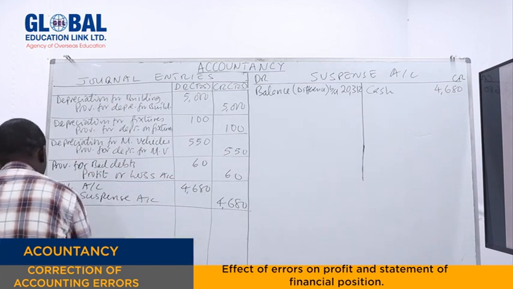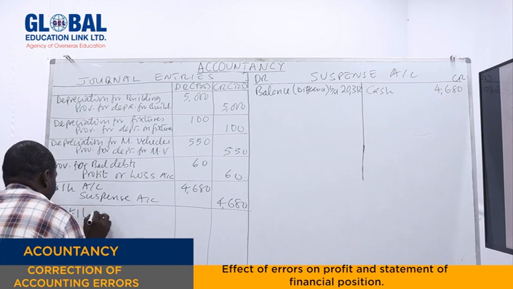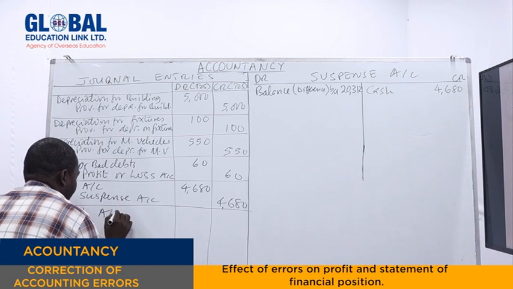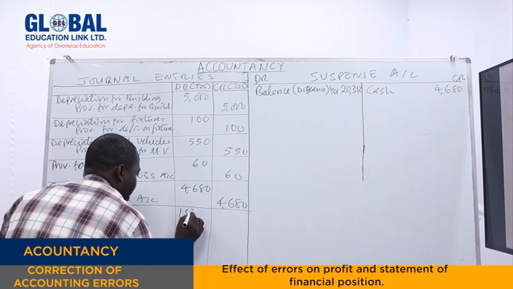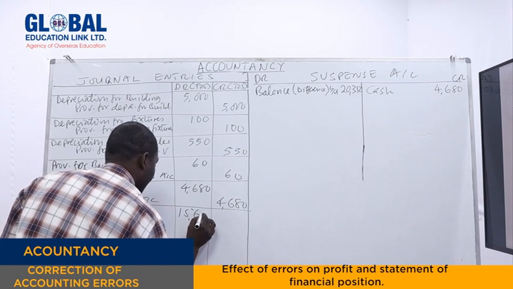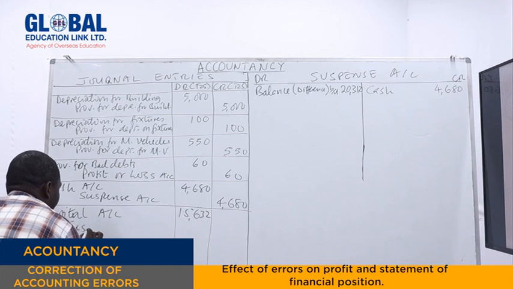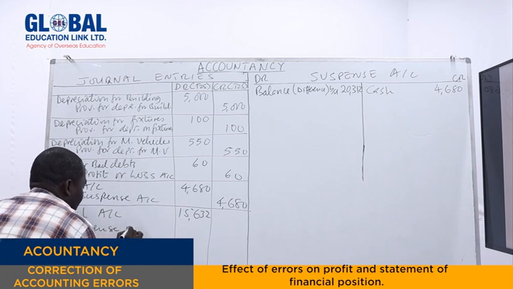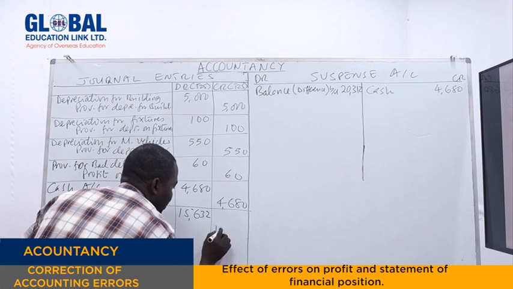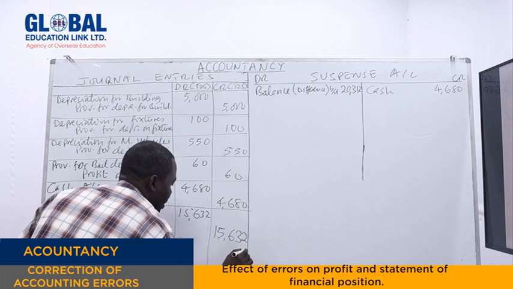So we debit capital account 15,632. We credit to suspense 15,632.